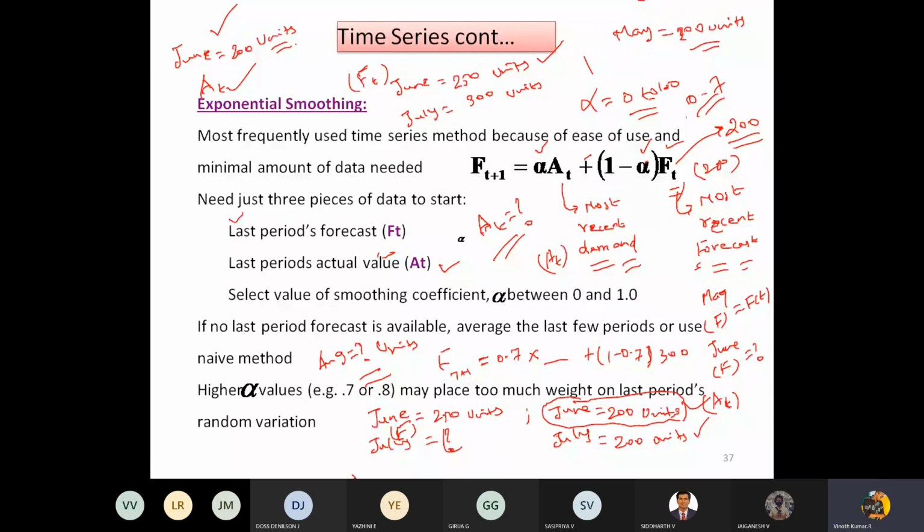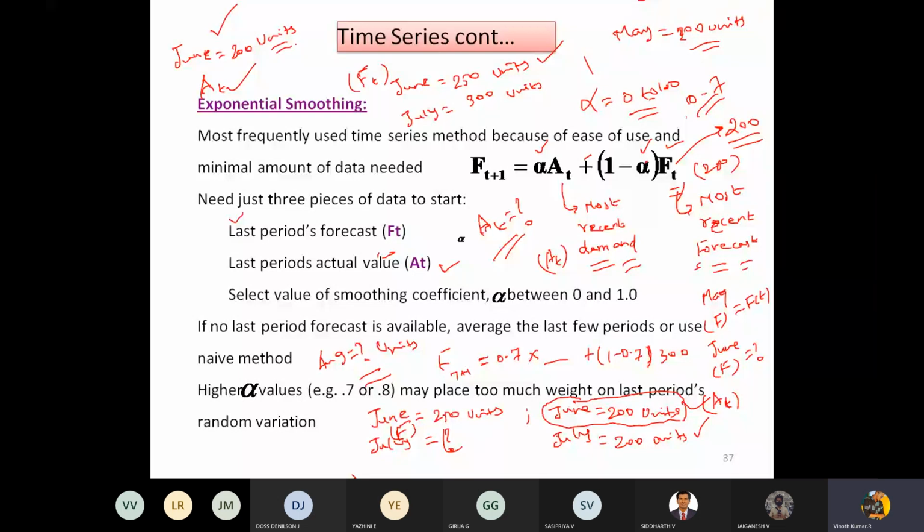Yes, sir. From this line, what you understood is that it may place too much weight on the last period's random variations when the alpha value is higher, 0.7 or 0.8. Why?